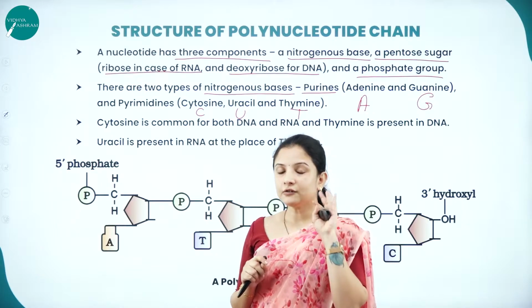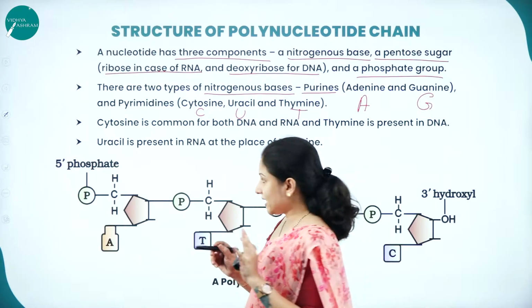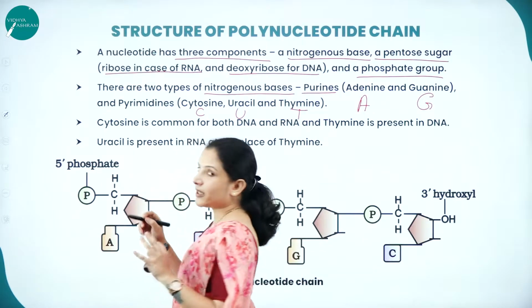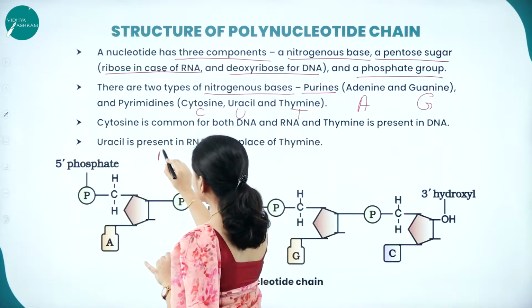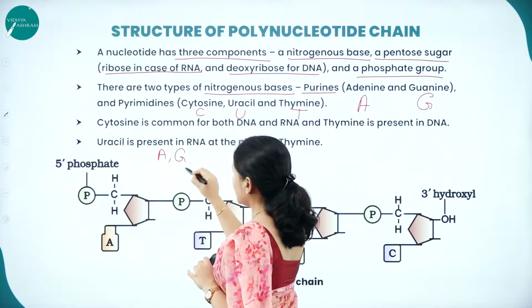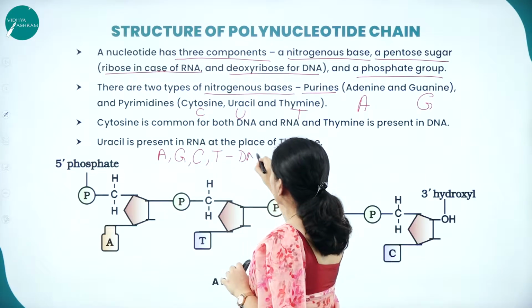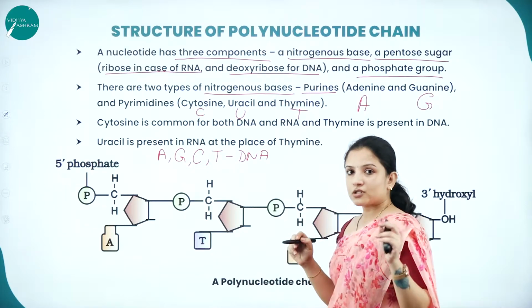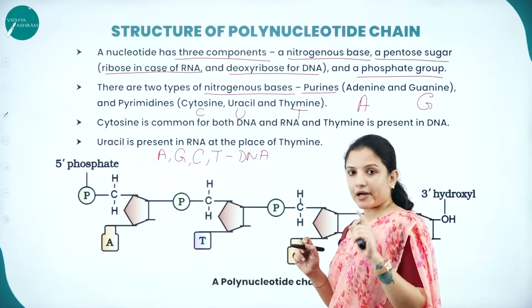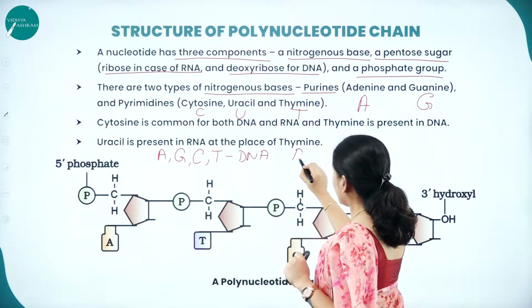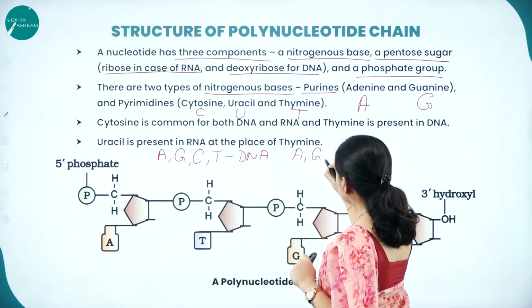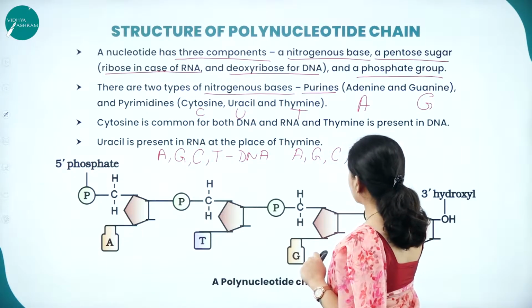So, what are the 4 nitrogenous bases DNA is made up of? DNA is made up of 4 nitrogenous bases, adenine, guanine, cytosine and thymine. And what are the nitrogenous bases present in RNA? It is adenine, guanine, cytosine and uracil.